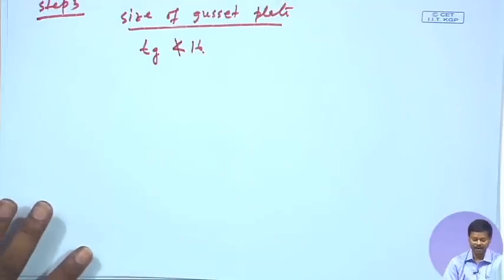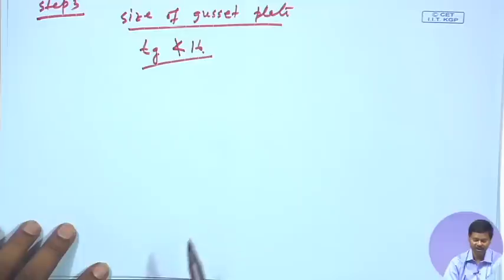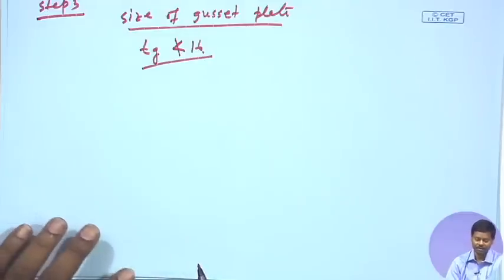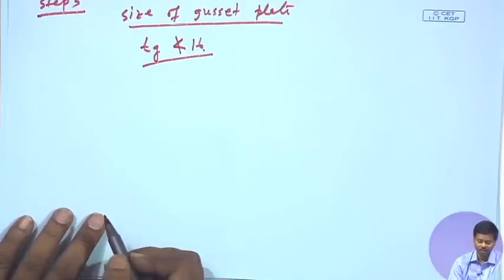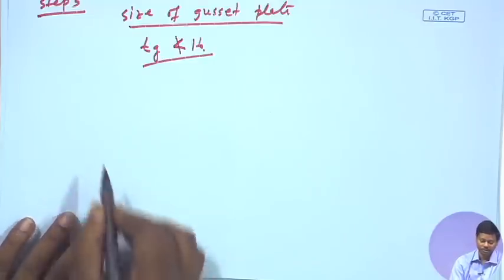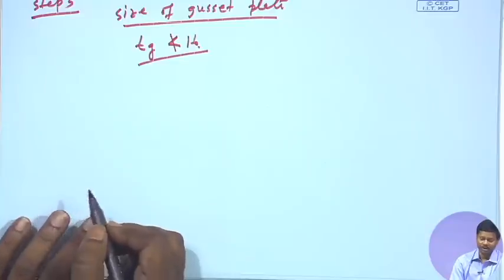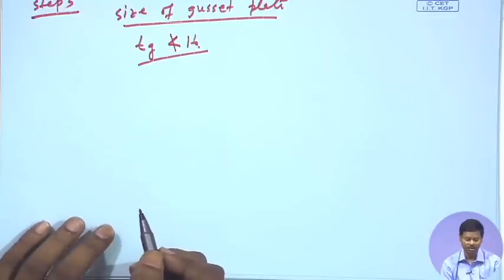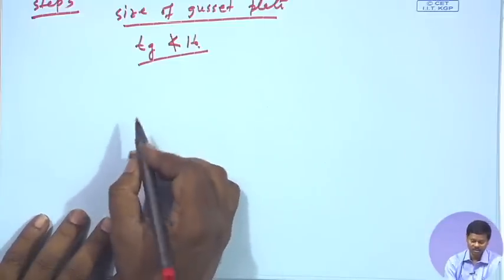Okay. So, at least we have to consider minimum thickness as 16 mm. This is what we can start with, and then we can see whether this thickness is sufficient enough to carry that load or not.